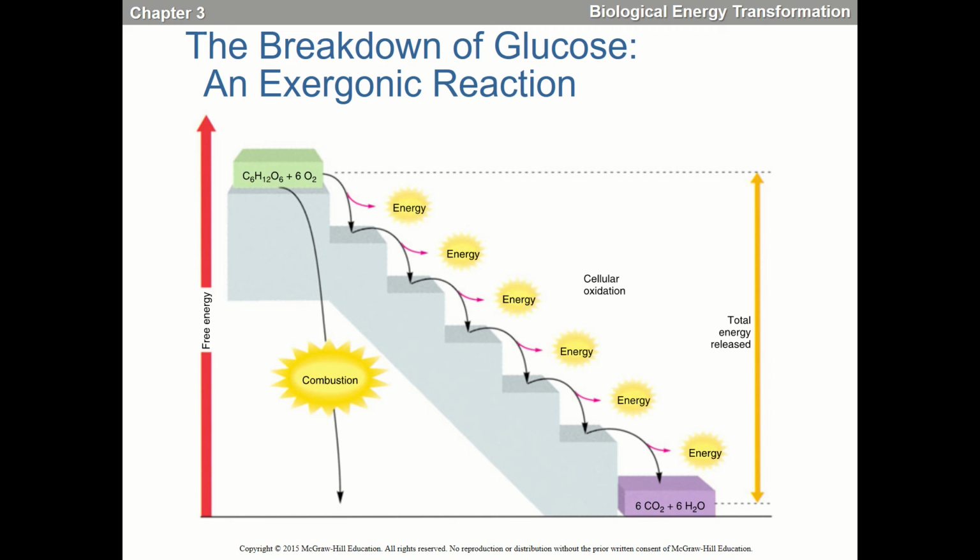The problem with that is it's like drinking from a fire hose. So we have an orchestration of numerous enzymatic processes in order to get the most energy out of a molecule as possible, kind of illustrated here.